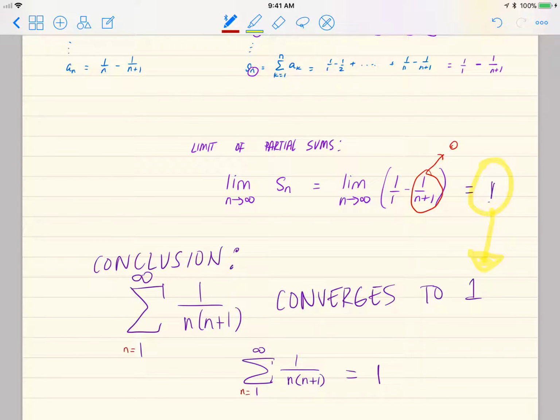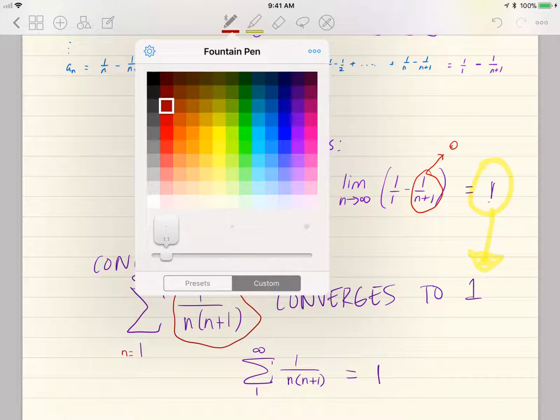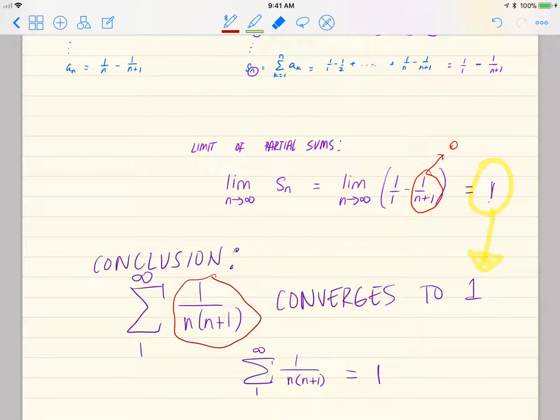So if nothing is written, if there's no indication down here, that means that whatever is the index that you're using in your term, that is the index that you're going to be counting with, okay? So I will frequently leave off n equals or k equals and just write my starting point and my ending point.